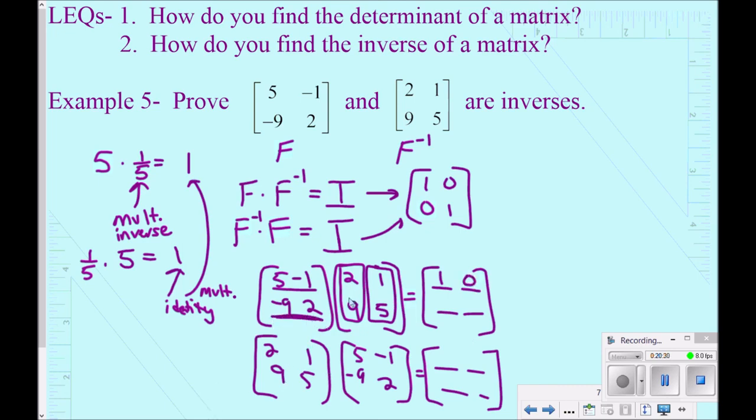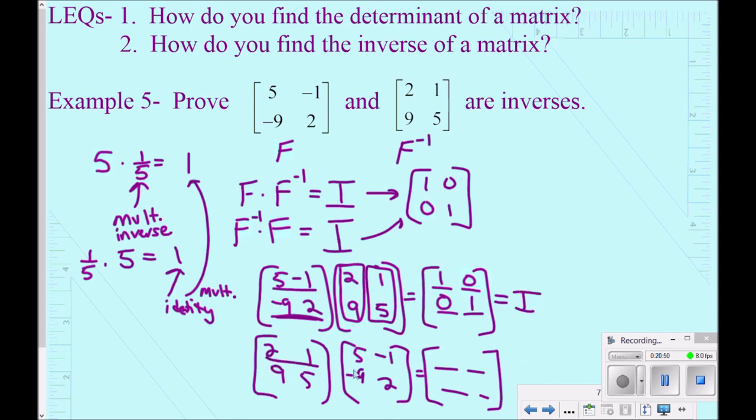Negative 9 times 2 plus 2 times 9, so negative 18 plus 18 is 0. And negative 9 times 1, negative 9, plus 2 times 5 is 10. 10 minus 9 is 1. So we did get the identity matrix there.